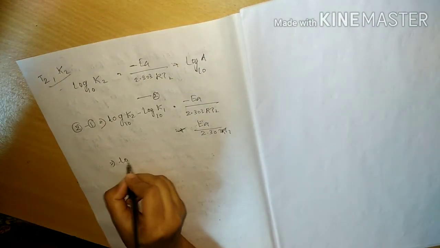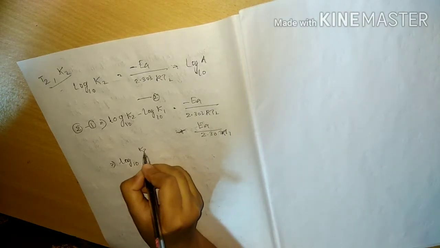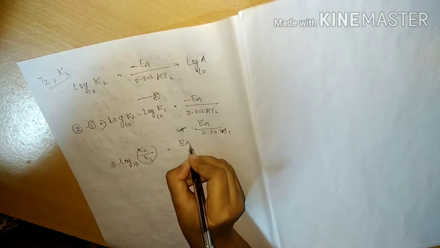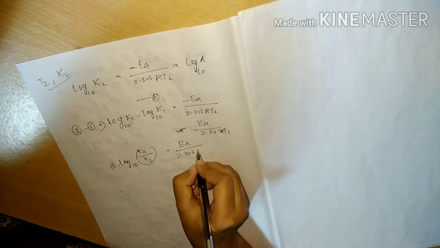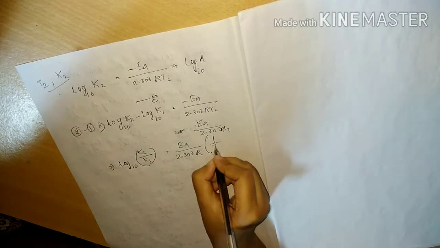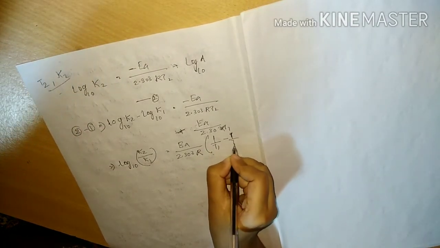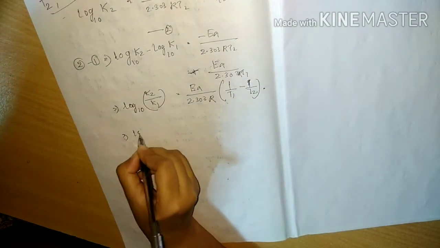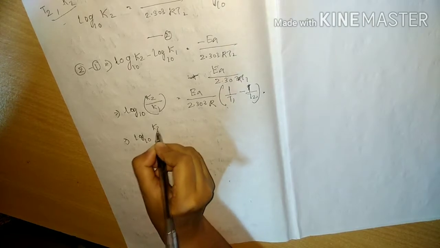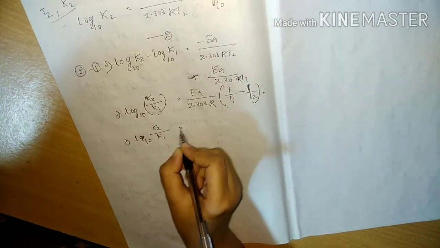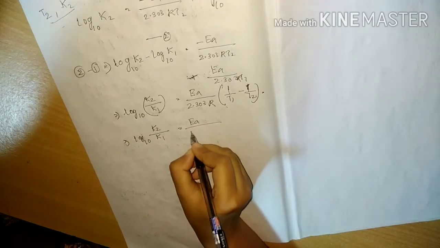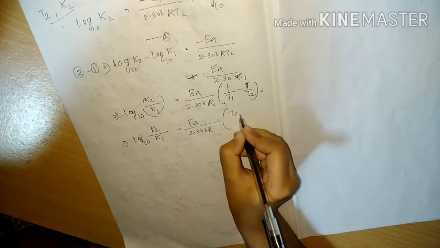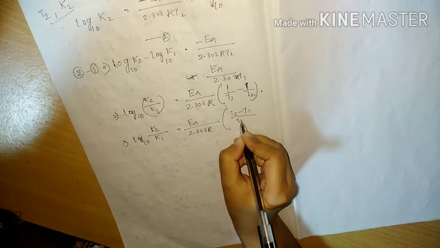So it will be log base 10 K2 by K1 equals EA by 2.303 R into (1 by T1 minus 1 by T2). So I got this equation. So I can write log base 10 K2 by K1 is equal to EA by 2.303 R into (T2 minus T1) by T1 into T2.